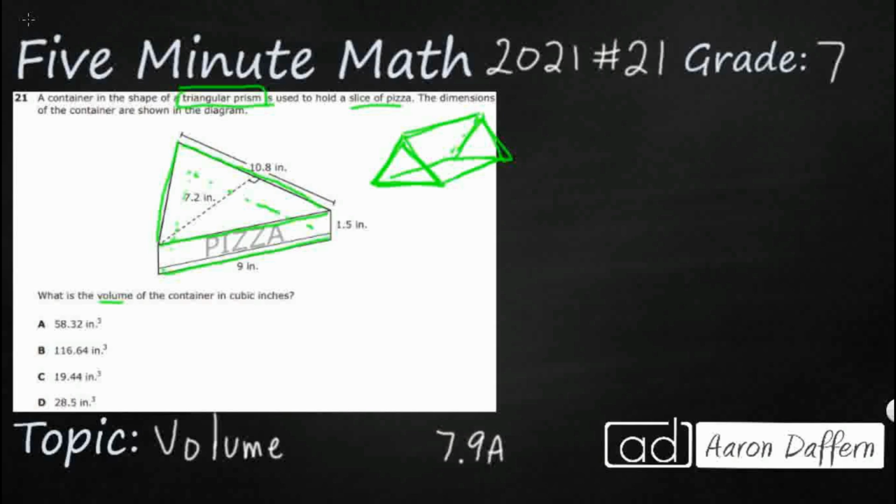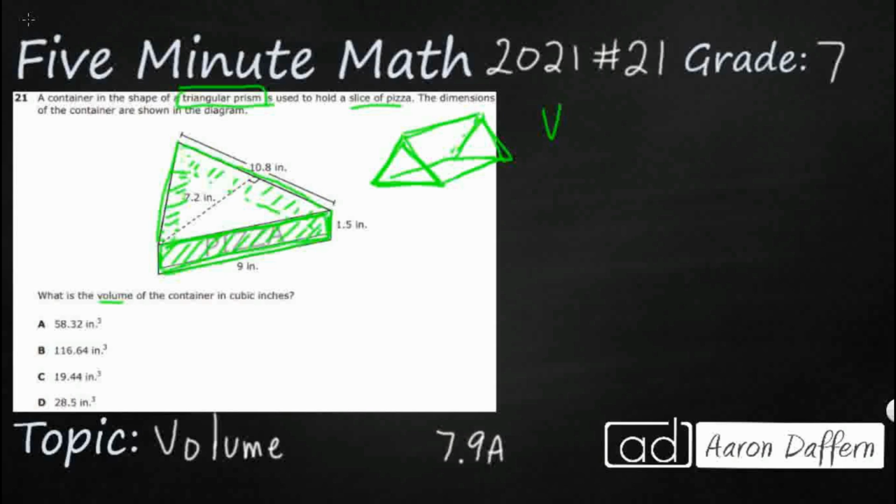And you're connected by these little tiny rectangles. So you see this little rectangle right here? This rectangle is what's connecting the two triangular faces on that side, and then on this side. So it's also a triangular prism. It doesn't look like what we typically think of. So let's just figure out our volume.